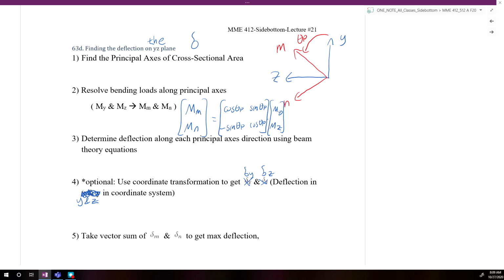Using those two equations, we can find Mm and Mn, and then we can determine our deflection along the principal axes using beam theory. So we can solve for delta m, and we can solve for delta n.